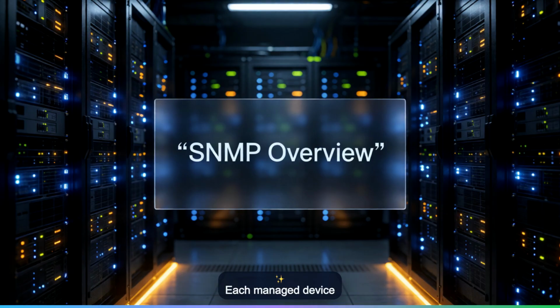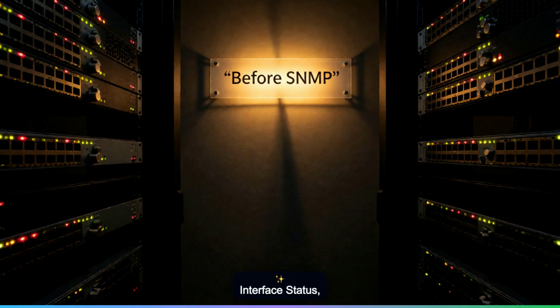Each managed device organizes everything about itself in a database called the Management Information Base, or MIB. Interface status, CPU utilization, temperature, thousands of variables stored as key value pairs. Every variable has a unique address called an object identifier, or OID.